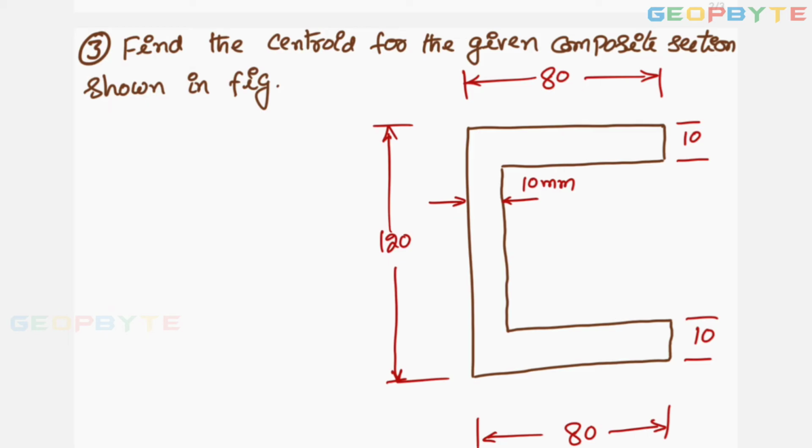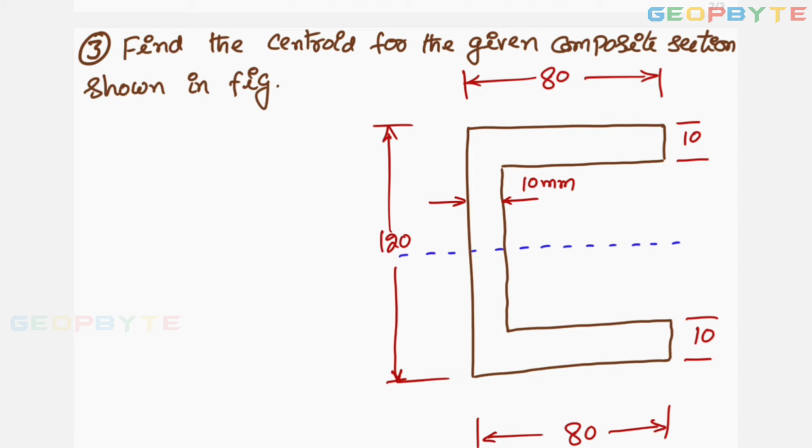Look at the another section, channel section. You know, this section is symmetrical about x-axis. If I cut it on x-axis, you are getting two equal parts. Therefore, the centroid should lie on x-axis.